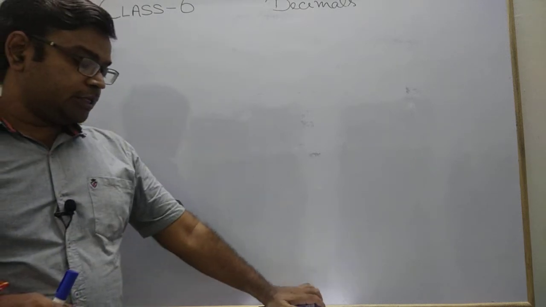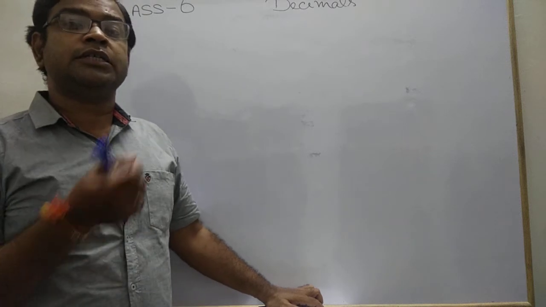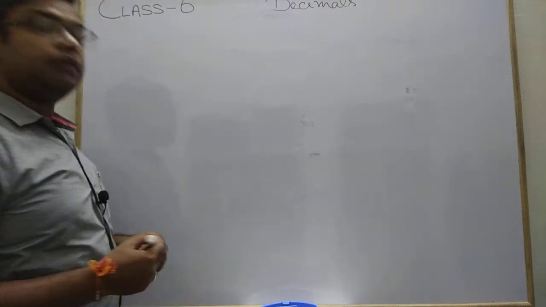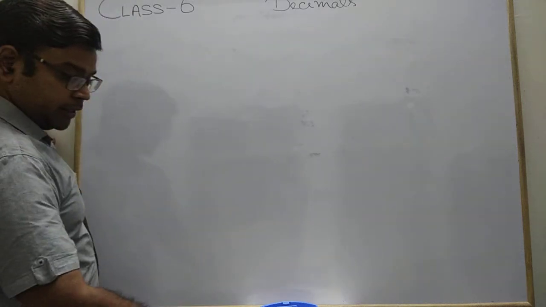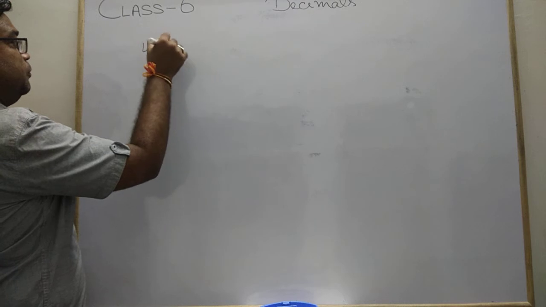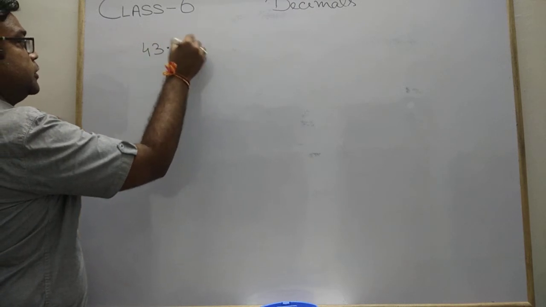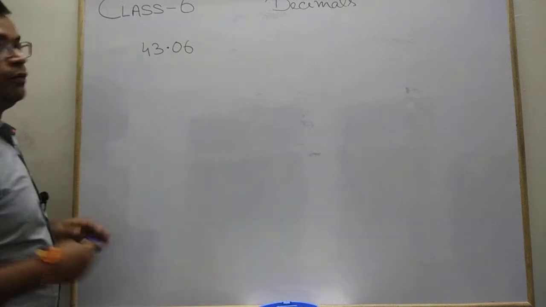First, how do we expand a decimal number? Suppose this decimal number is given to you: 43.06. How do you convert this decimal number into expanded form?